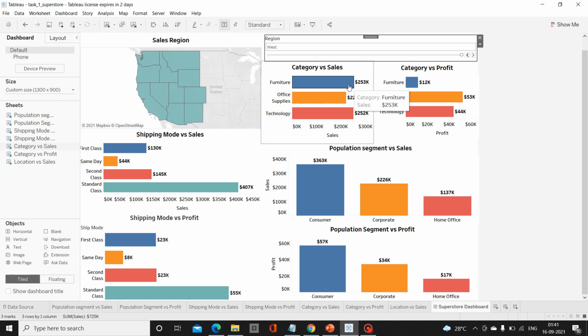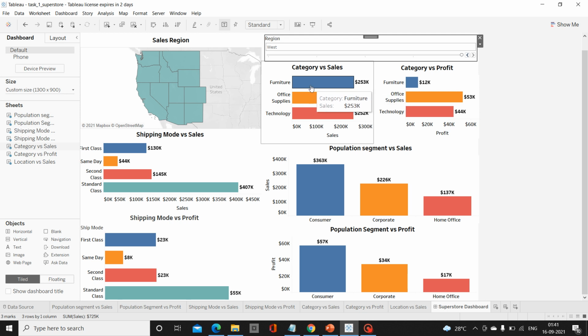And this raises the question, why, still having the highest contribution in sales, or nearly the same contribution as the other two categories, the contribution of furniture category in profit is the lowest.